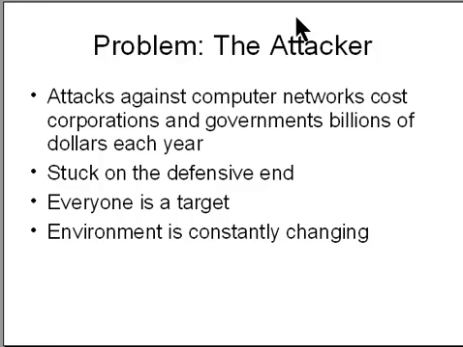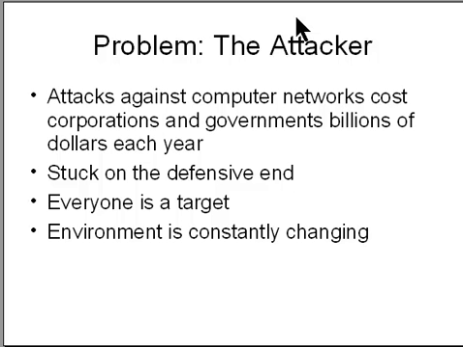So what is the problem with respect to an attacker or an intruder? Well, we all know that attacks against computer networks cost corporations and governments billions of dollars each year, from attempted intrusions, distributed denial of service attacks, computer viruses and worms, and so on. However, the tools that systems administrators have right now are primarily on the defensive end, where you're trying to defend by putting up another layer of defense, such as a firewall or an intrusion detection system.